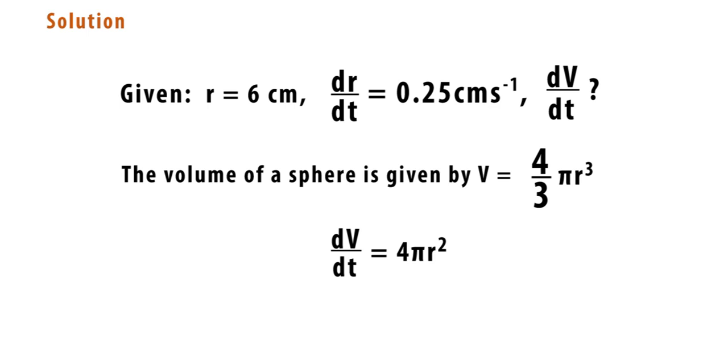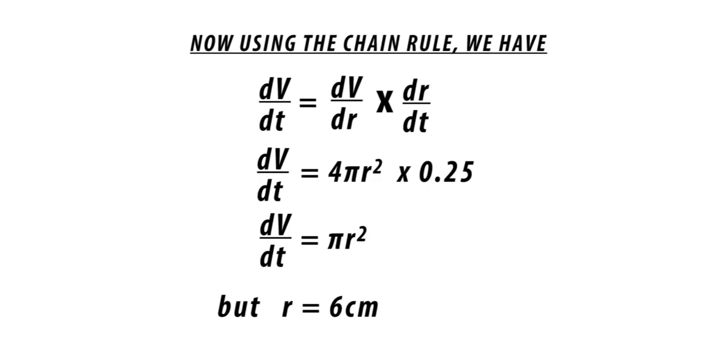The volume of a sphere is given by V is equal to 4 divided by 3 pi r cubed. Remember, we learned that in mensuration 2 also. The dV/dr therefore becomes 4 pi r squared. That is when we differentiate V. Now we would apply the chain rule.